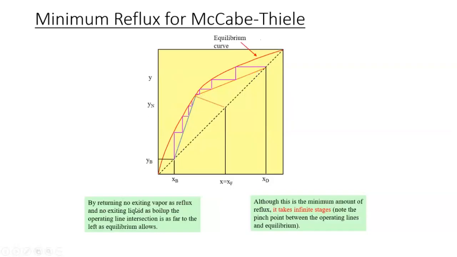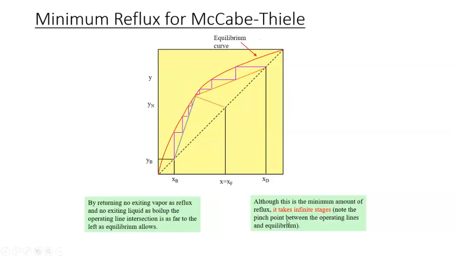By returning no existing vapor as reflux or no existing liquid as boil up, the operating line's intersection is as far to the left as equilibrium allows. It cannot go beyond this equilibrium curve. So although this is the minimum amount of reflux, it takes infinite stages.